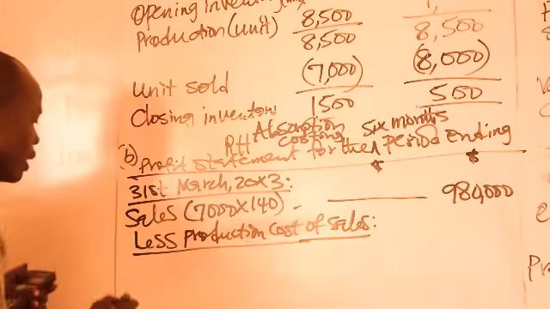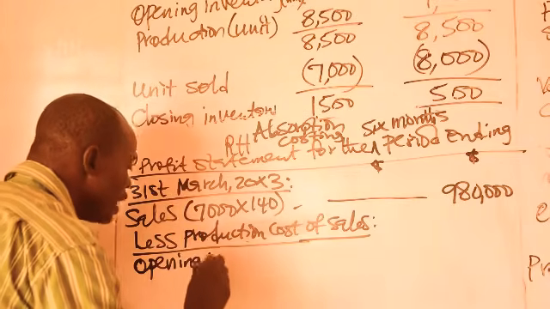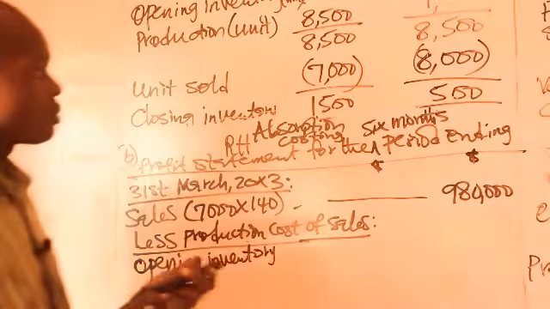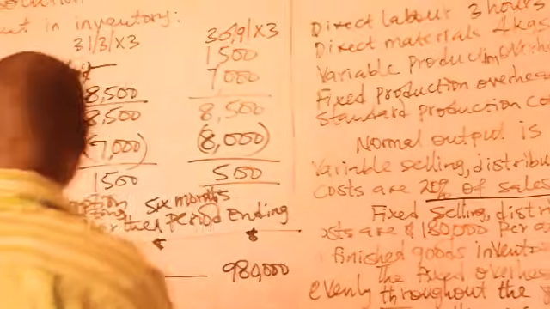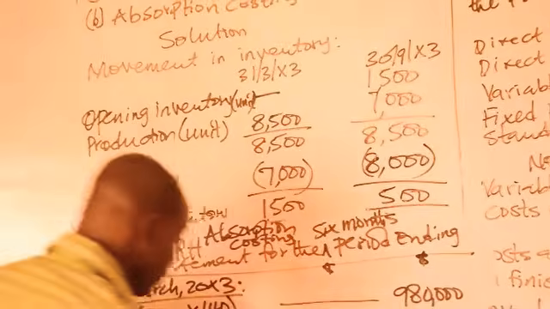So you start with opening inventory. There is no opening inventory in the first period, so opening inventory is nil.